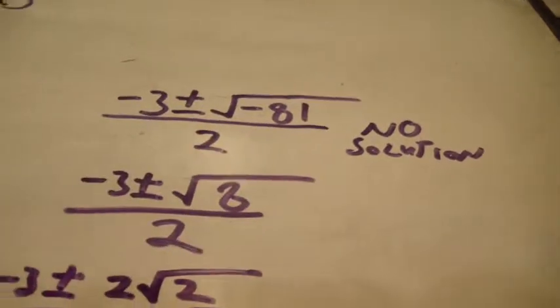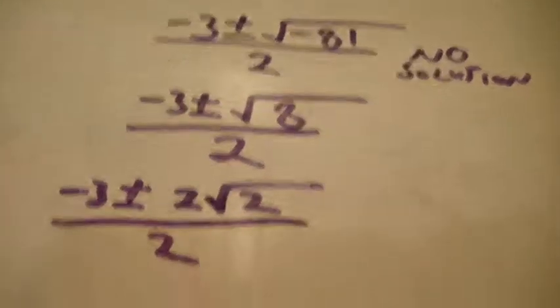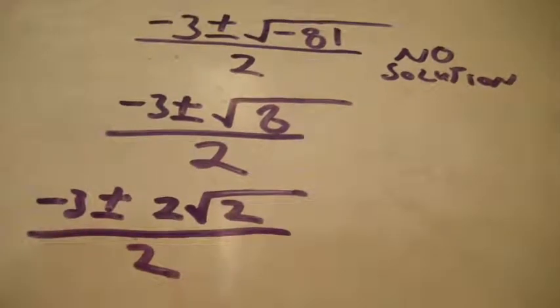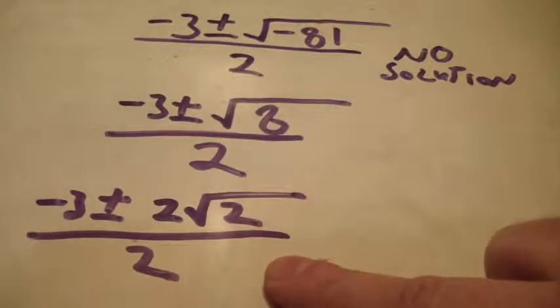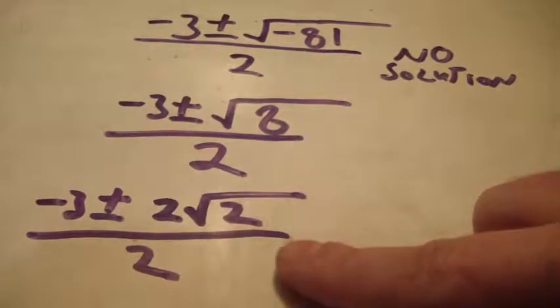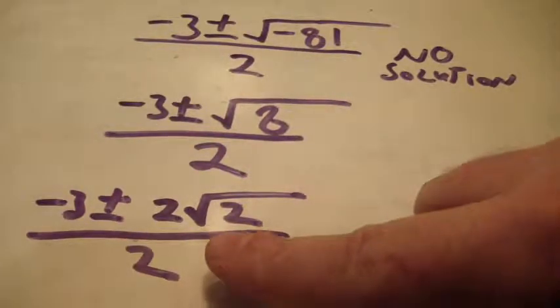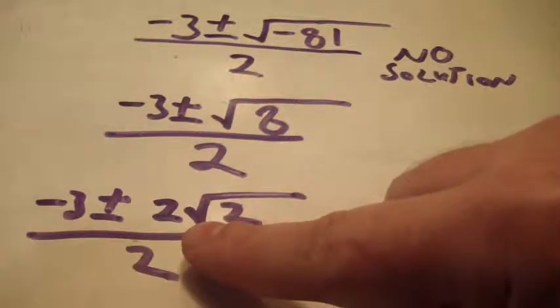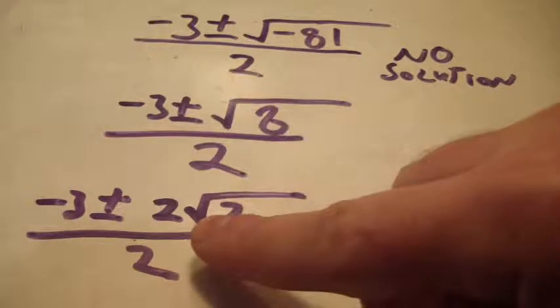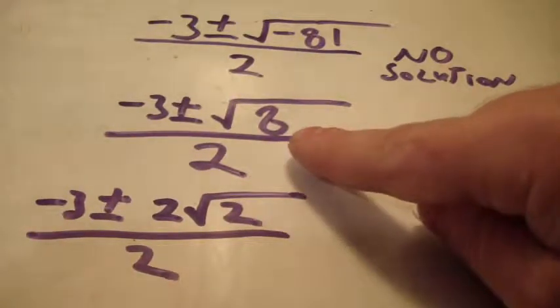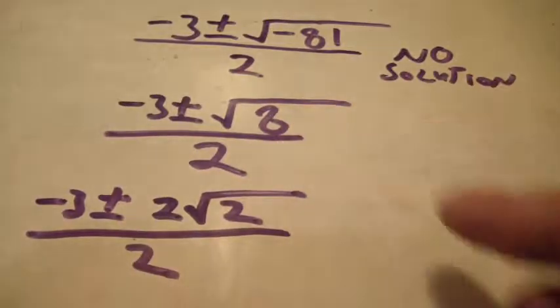Oh, sorry guys. So this is your number here. This is the way it's going to look. You took out a root, because 2 times 2 is 4, 4 times 2 is 8, giving you that number here.